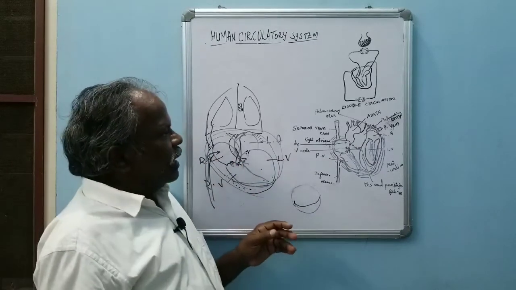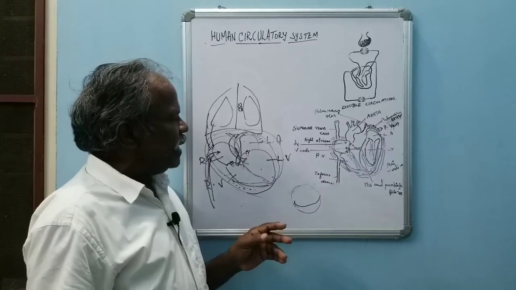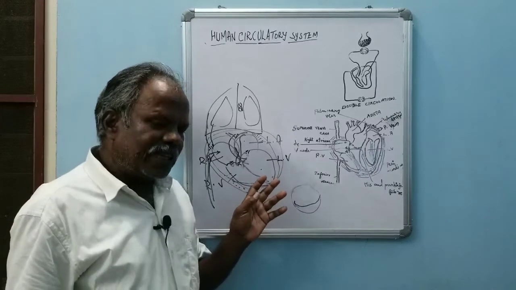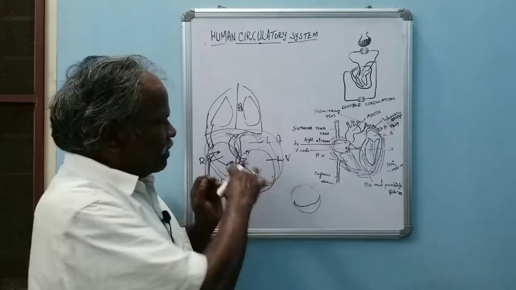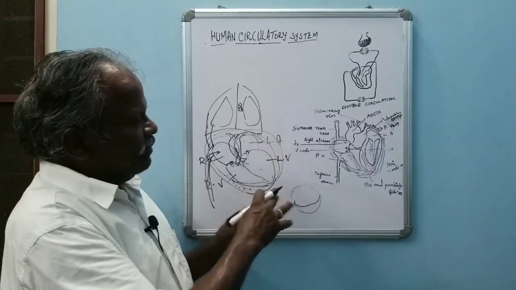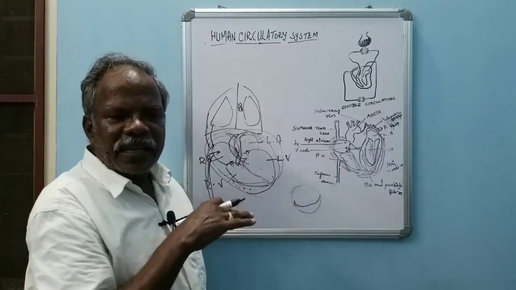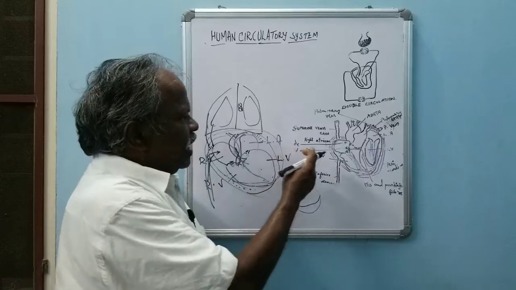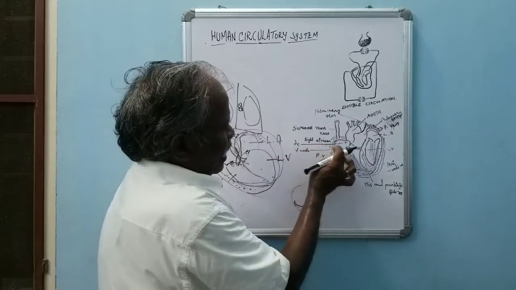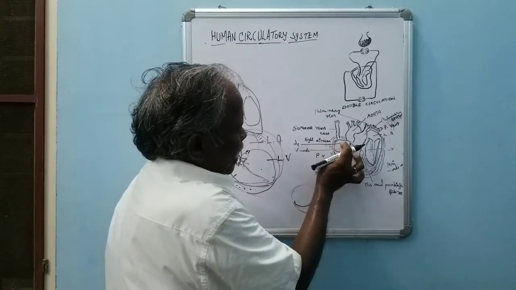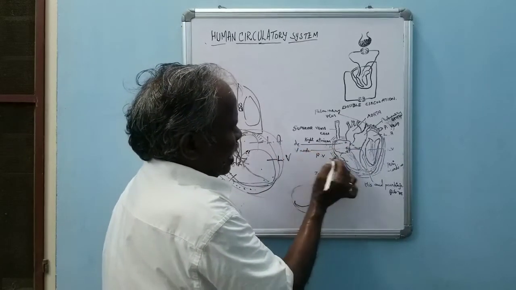And then, this is with regard to the chambers of the heart, and next we will see what other structures are found in the heart. One is the SA node, sino-auricular node, and the sino-ventricular node.